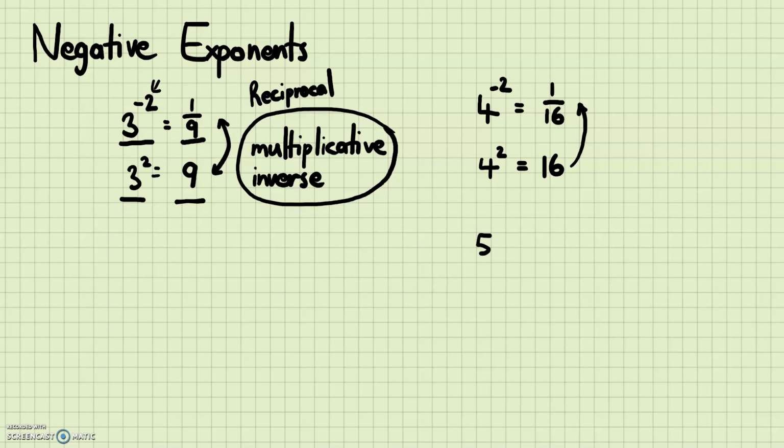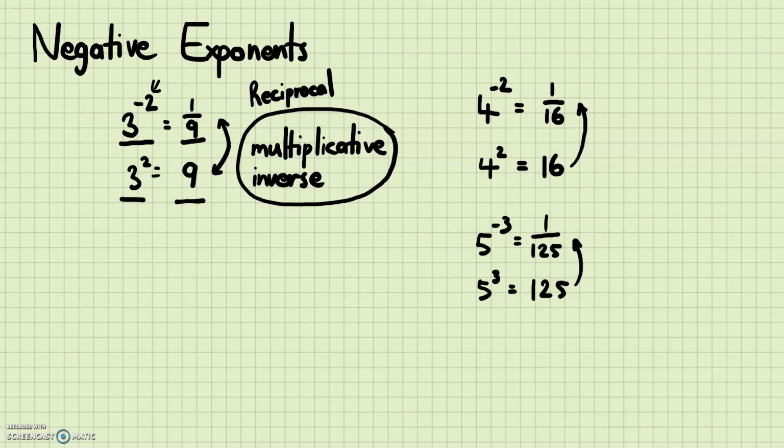How about 5 to the negative 3? Okay, so what is 5 to the third, first of all? 5 to the third is 125. So 5 to the negative third would be the multiplicative inverse of that, or the reciprocal of that, which is 1/125.